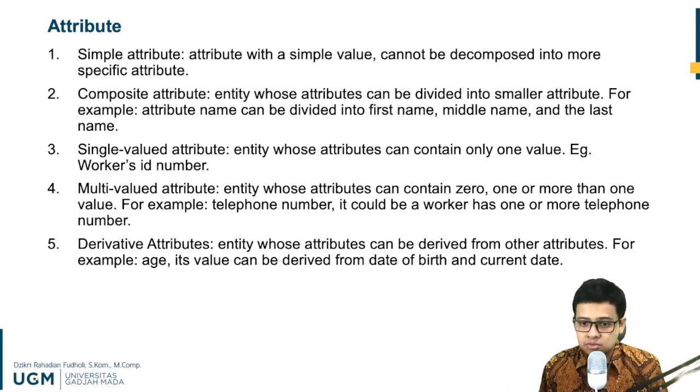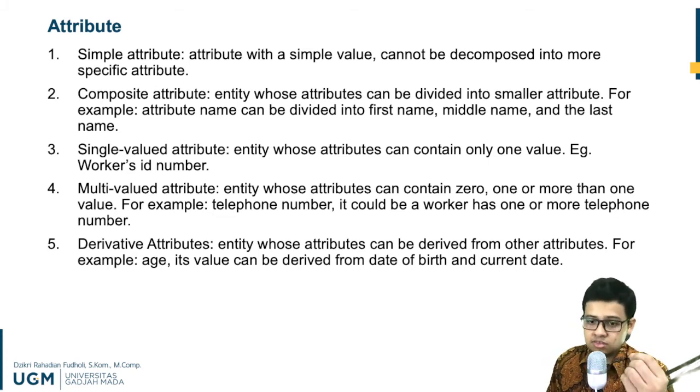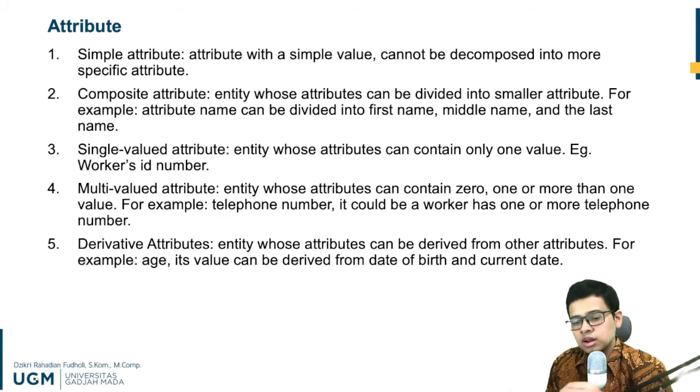The second one is the composite attribute. A composite attribute is an attribute that can be divided into smaller attributes. For example, name.